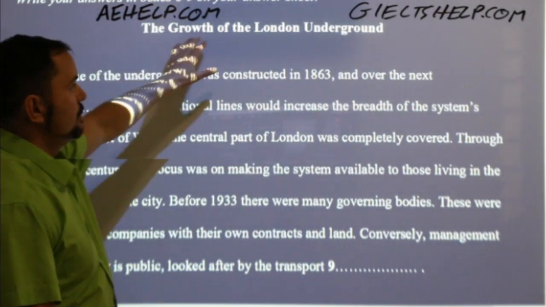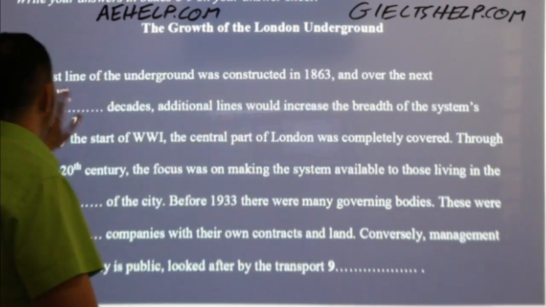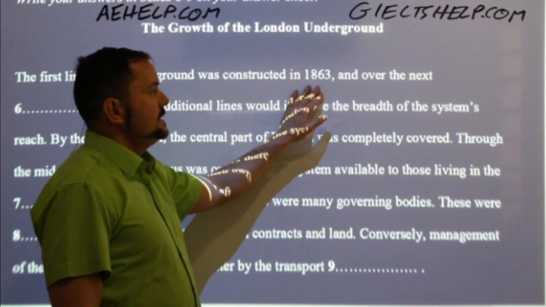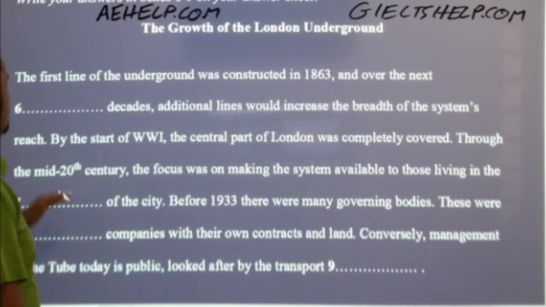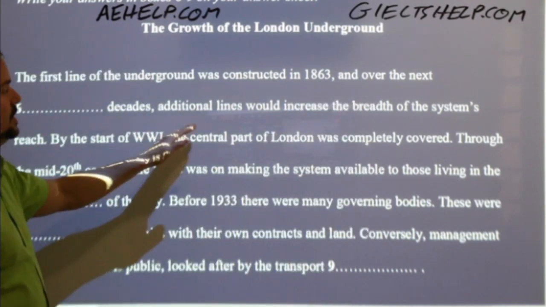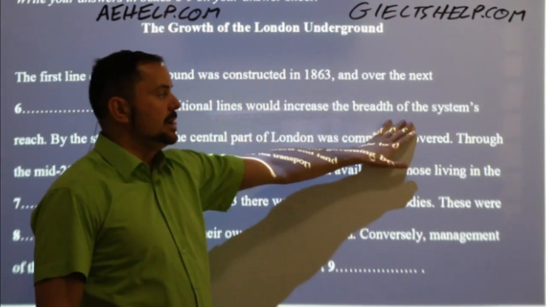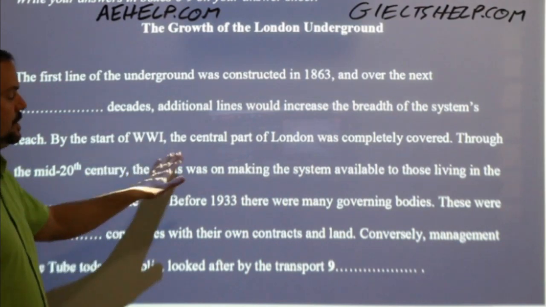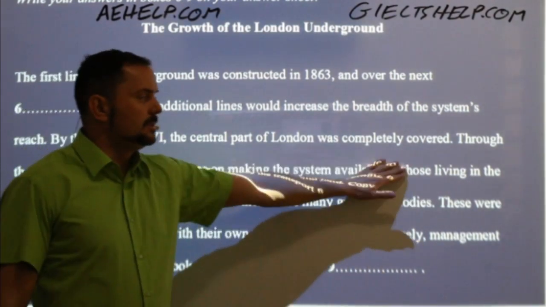The growth of the London Underground. The first line of the Underground was constructed in 1863, and over the next something decades, additional lines would increase the breadth of the system's reach. By the start of World War II, the central part of London was completely covered.